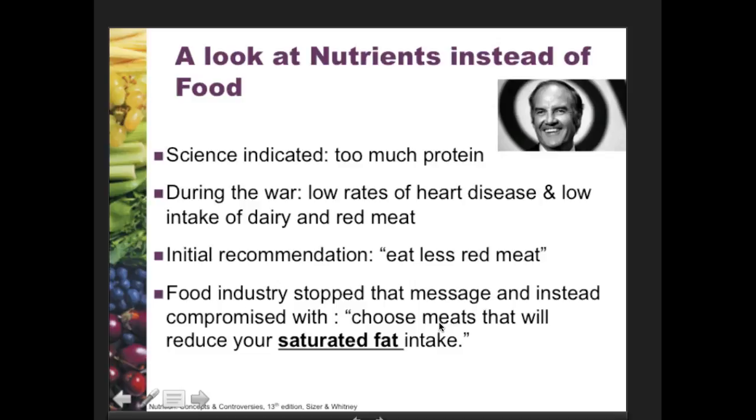But the cattle industry was not very fond of the thought that we were going to, as a government, put out a recommendation to kill their profits. So due to politics, even back then, the meat industry got involved. The food industry basically stopped that message and changed it.